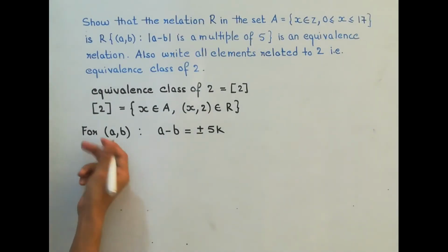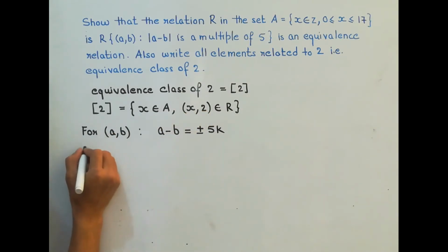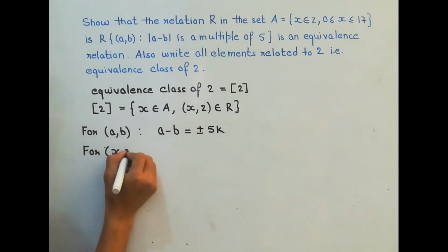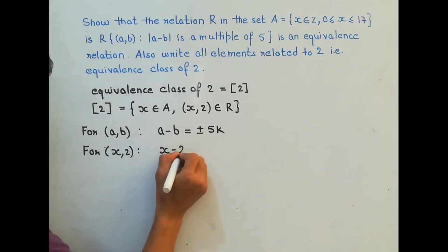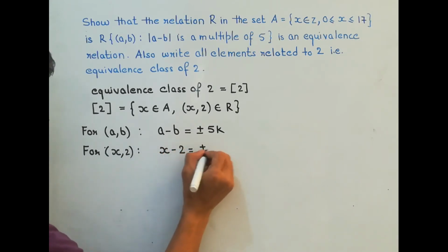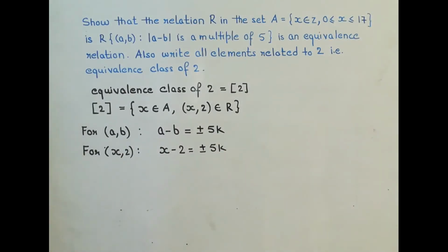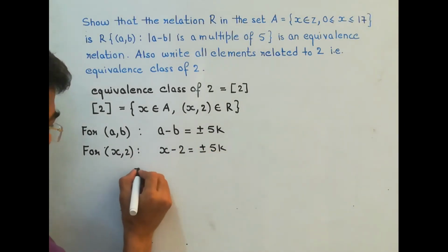So if we have the ordered pair x comma 2 belonging to R, it will be written like this: x minus 2 is equal to plus minus 5k. Now this plus minus 5k represents a multiple of 5. So we can write it this way.